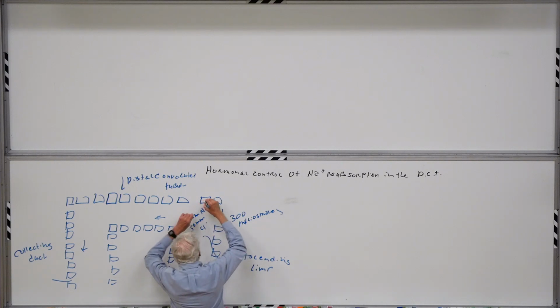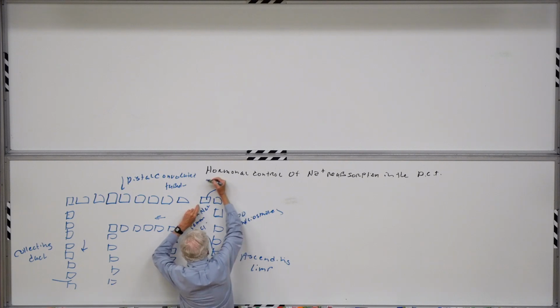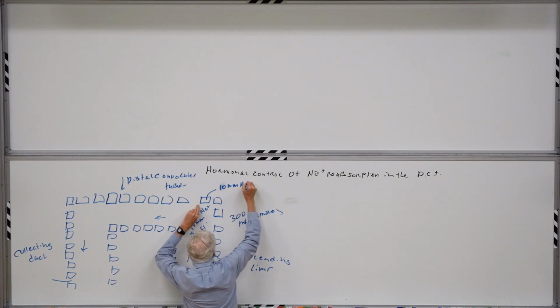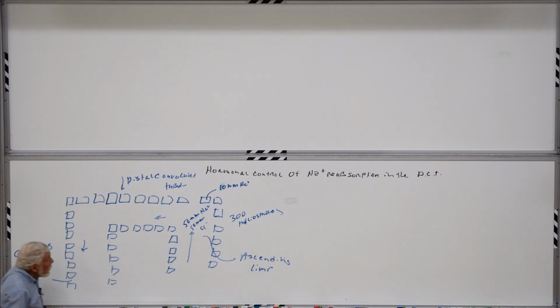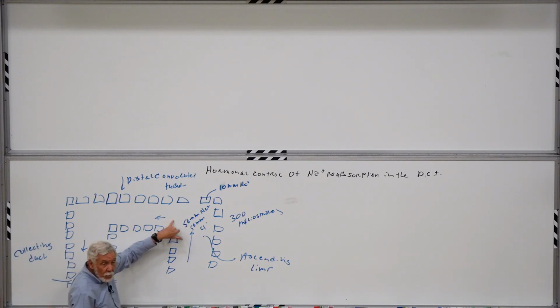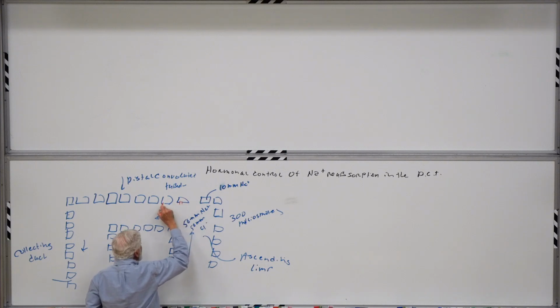If we look at the cytoplasmic concentration of sodium inside these cells, it's in the neighborhood of about 10 millimolar sodium. So now if we wanted to reclaim as much of this sodium arriving here in the distal convoluted tubule as possible, one of the places we'd simply start would be to put in transmembrane protein channels here.